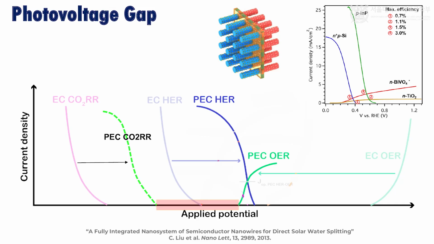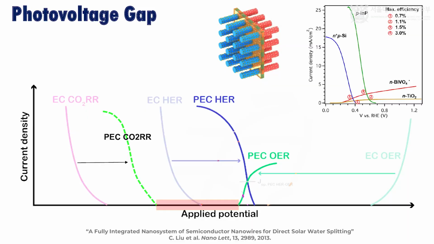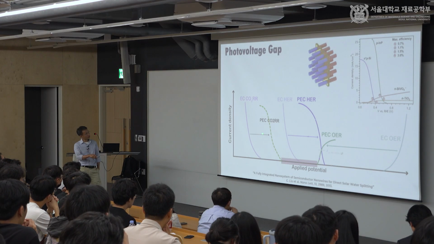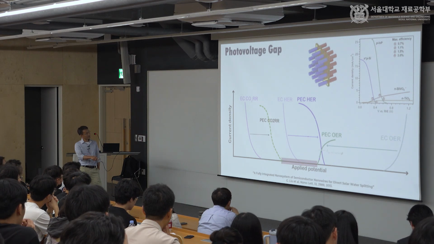If you look at this plot, it summarizes the electrochemical reaction and the photoelectrochemical reaction. This gap indicates the photovoltage gained from the semiconductor. This side is from the N-type, this is from the photocathode. If you run the CO2 reduction, you can see that after the additional photovoltage supplied, the JV curve is here.